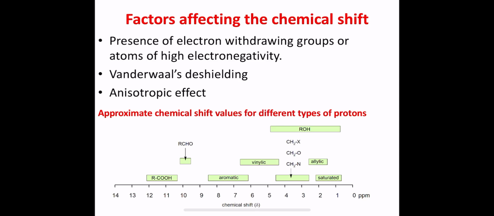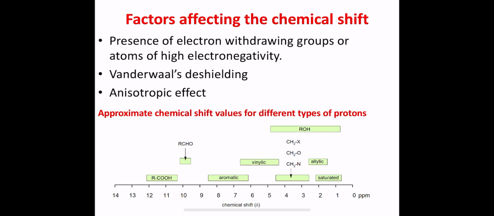Some of the factors which affect shielding and deshielding, and hence the position of the signals in the spectra, are: first, the presence of electron withdrawing groups or atoms of high electronegativity. As the electronegativity or electron withdrawing character of the attached group increases, the deshielding effect increases. Hence, when the deshielding effect increases, the signal shifts towards higher frequency or higher delta value.